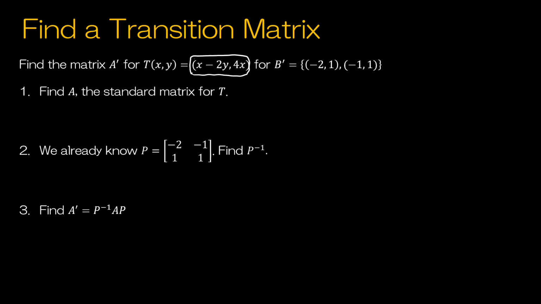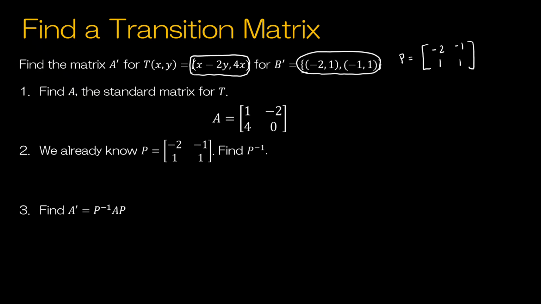That would be 1, negative 2 for the first line, and 4x, 0y for the second line. So A is 1, negative 2, 4, 0. Now this one we already know P, so we don't have to find the transition matrix. We can just use B as our P, which is negative 2, 1, negative 1, 1.